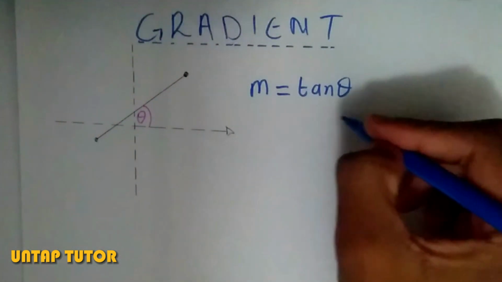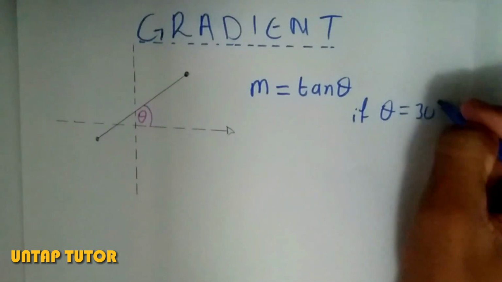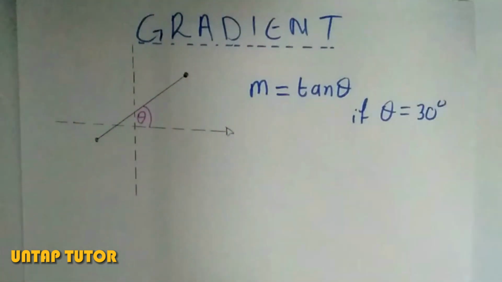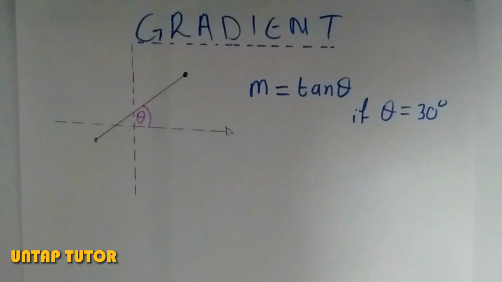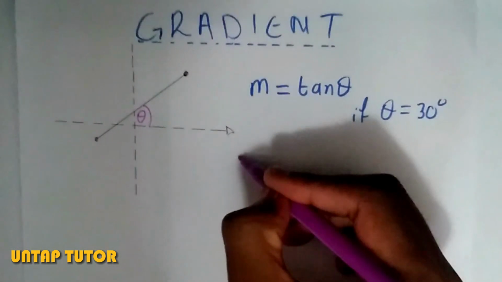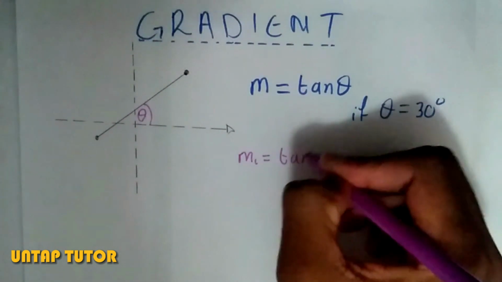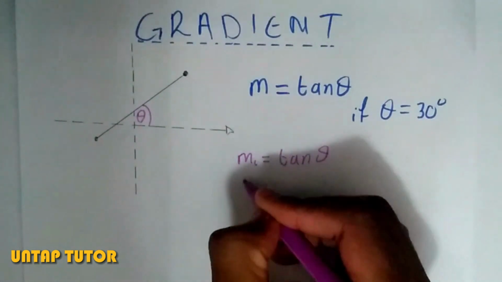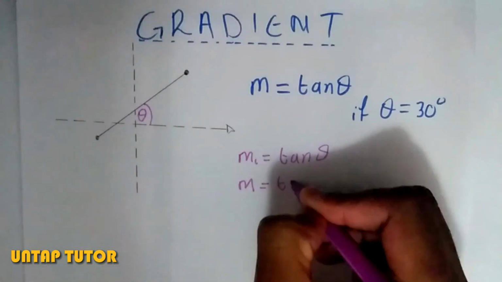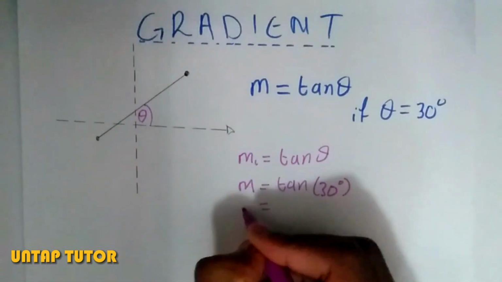So if given that theta is 30 degrees and they ask us find the gradient of this line, so instead of trying to find the points which we are clearly not given, we can just go ahead and say the gradient of this line is equal to tan theta, which then becomes tan 30 degrees.